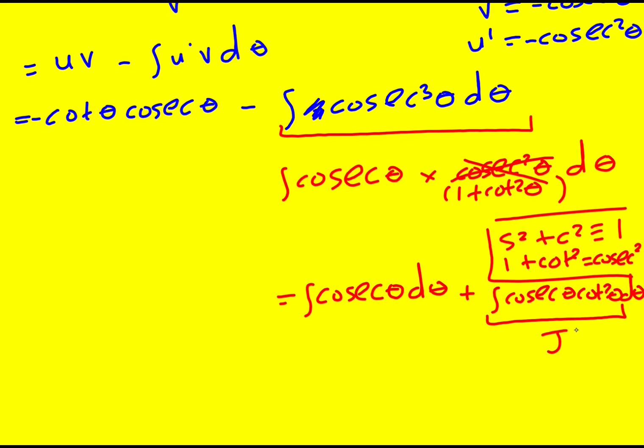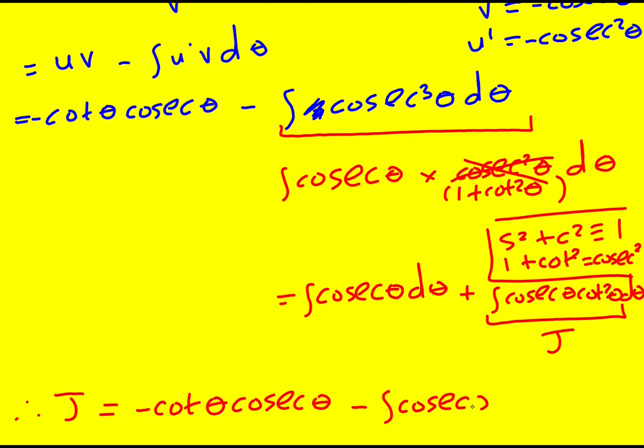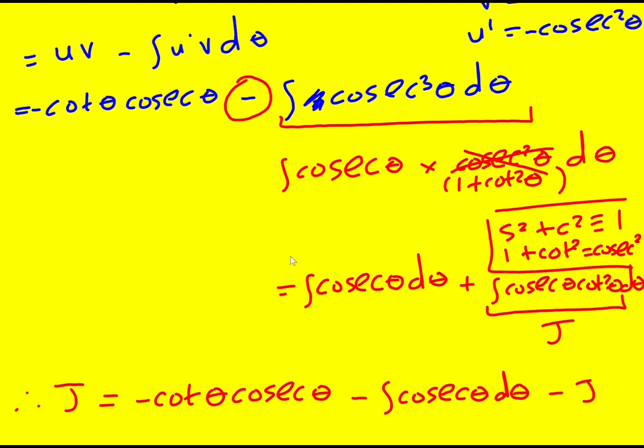This is J. So what I have overall, I'll keep it in terms of J: J equals minus cot theta cosec theta minus the integral of cosec theta d theta minus J. I'm using the minus because that's where it is there. I missed that out before.